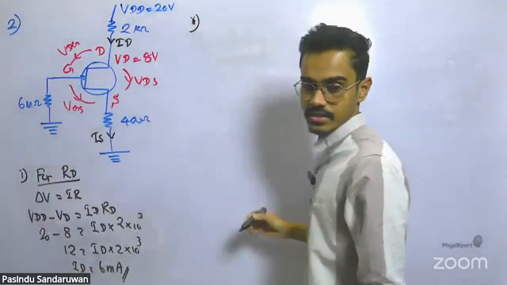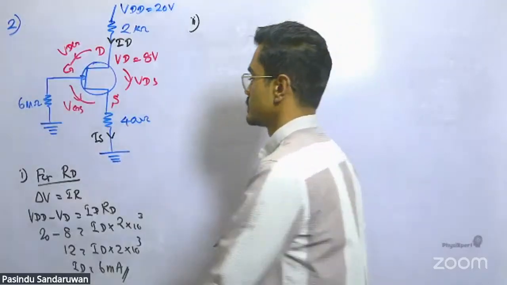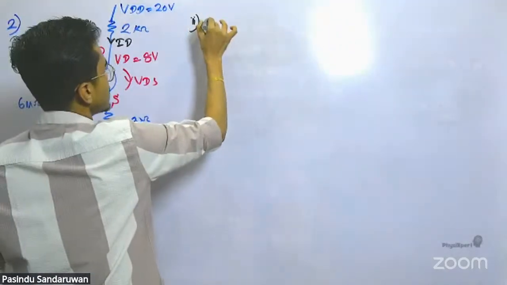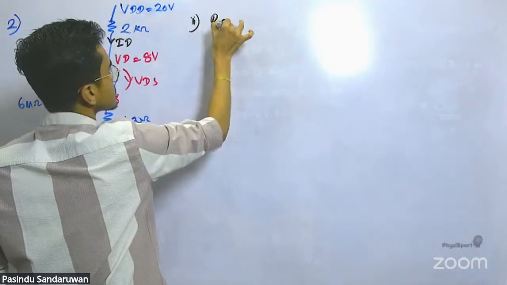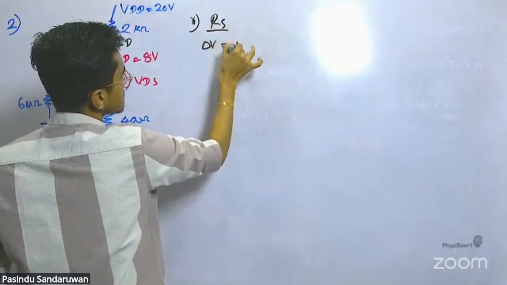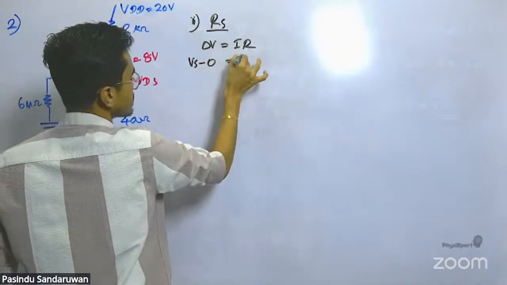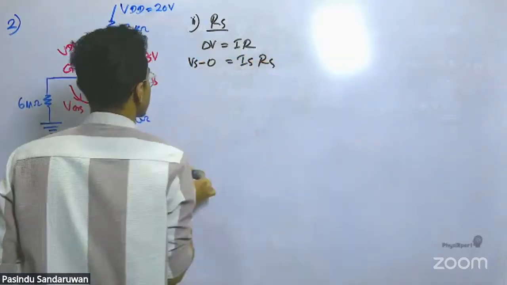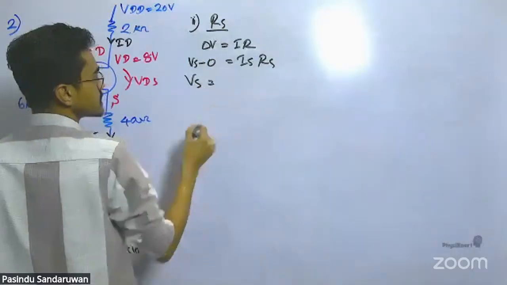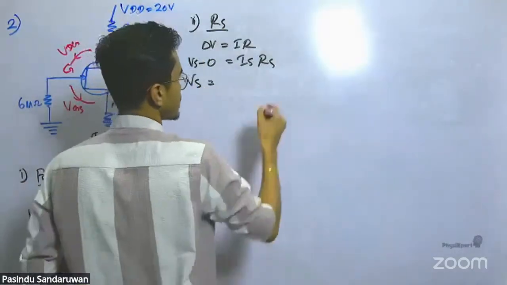Second, VS. To find VS, apply it for RS. Delta V equals IR. VS minus 0 equals IS RS. Then VS equals... you have to mention that IS equals ID.